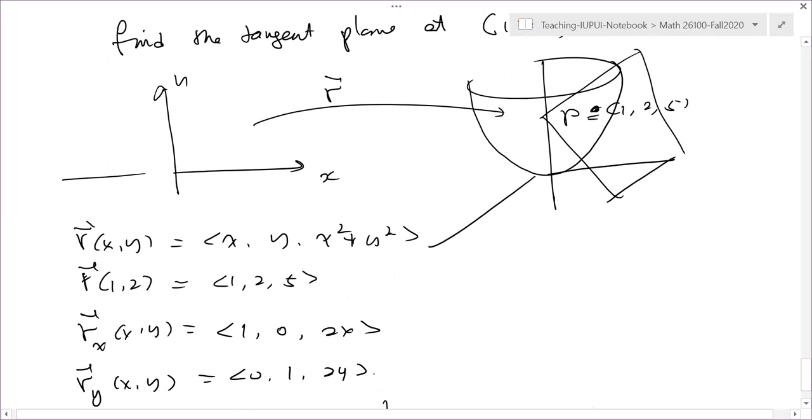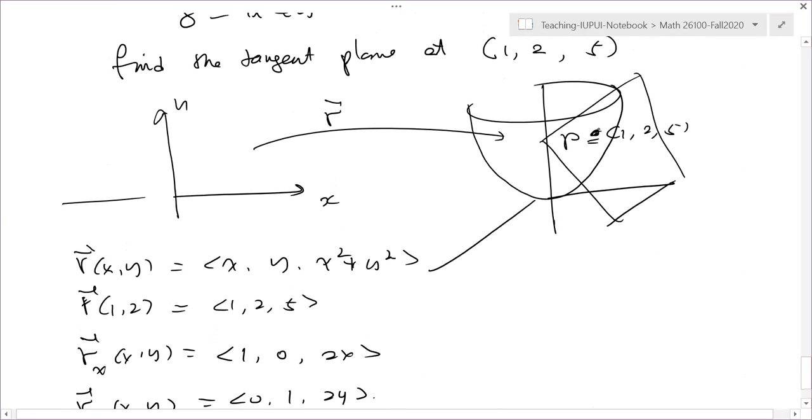I think this is a tangent vector, and that is a tangent vector. It's hard to draw.